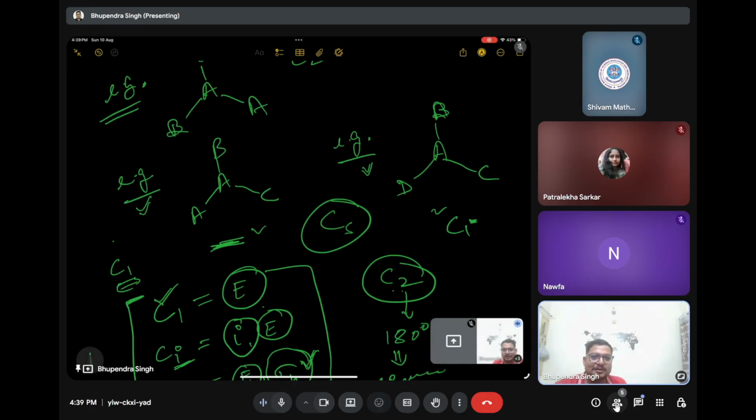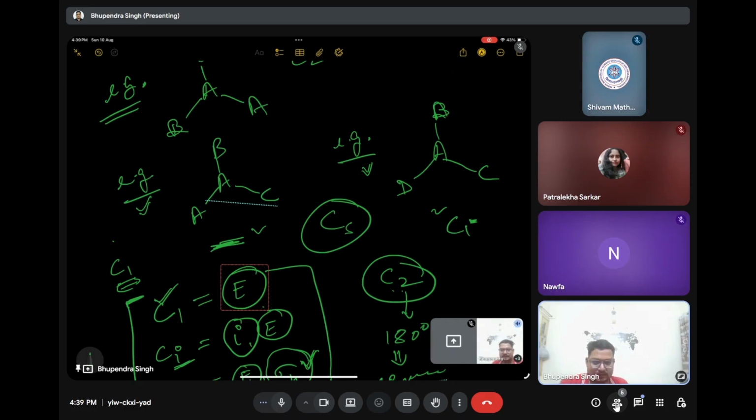If you try to find an axis of symmetry, it will change its orientation. If you try to find the plane of symmetry, then one sigma h is present. But you know that if only sigma h is present, you cannot say the point group is sigma h. So this should be Cs.